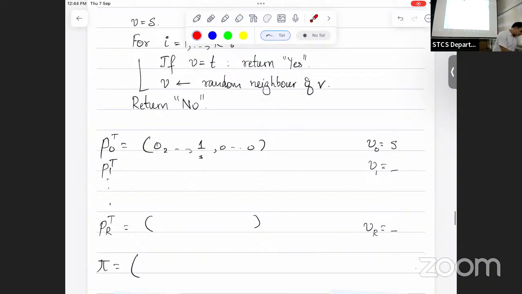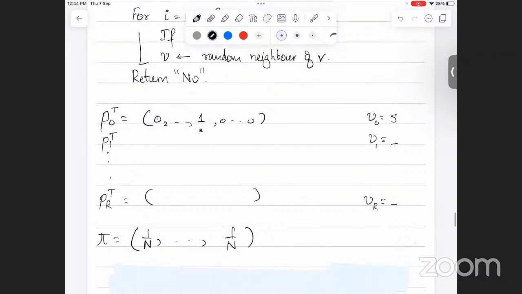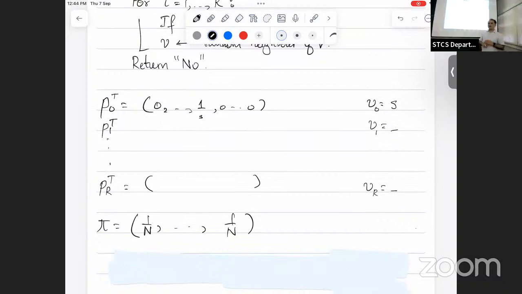So that is just going to be 1 over n, and so on, till 1 over n. As R becomes larger and larger, the distribution P_R is getting closer and closer to pi. Let me put a transpose because I've written it as a row.